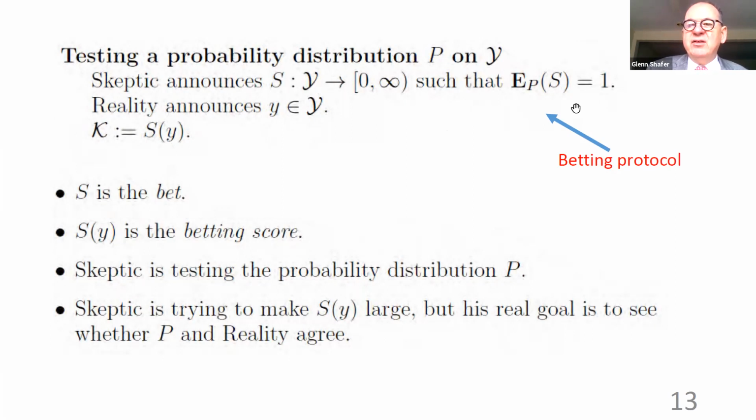This just formalizes what I was saying in the first lecture, that a bet is a random variable, that is to say a function on the sample space that is non-negative. It maps the possible outcomes to a non-negative number. The bet's outcomes are non-negative, and the expected value under the hypothesis is 1. And then reality announces y. So we have to have a player who makes the announcements.